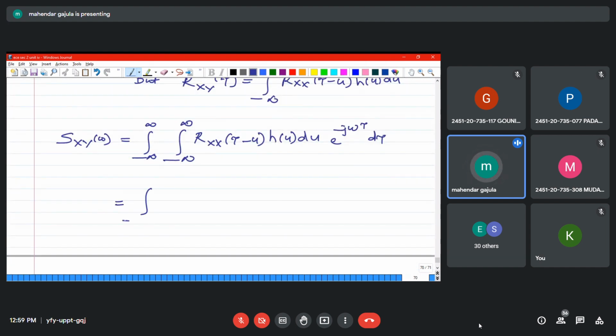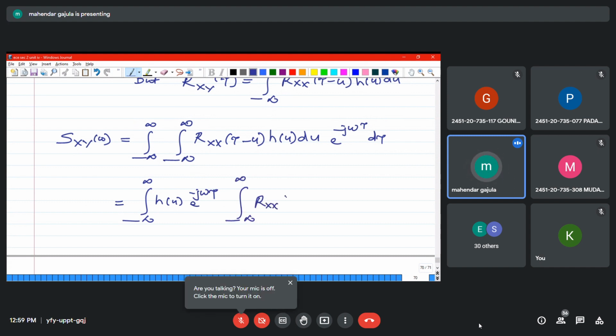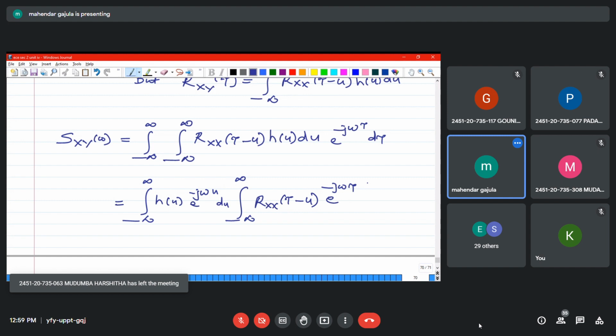Let us rewrite this as the integration of h(u) e^(−jωu) du, and the integration of R_xx(τ − u) e^(−jω(τ − u)) dτ.